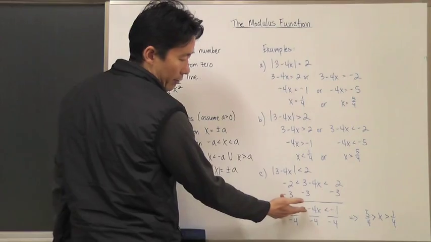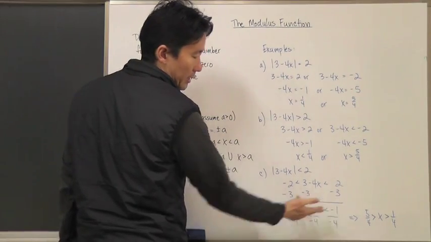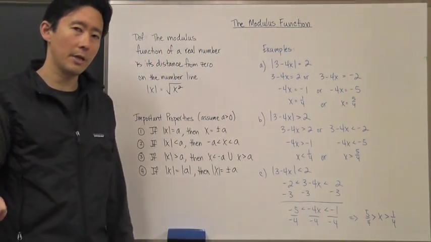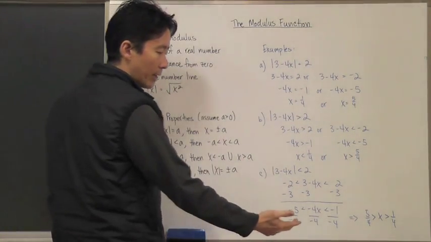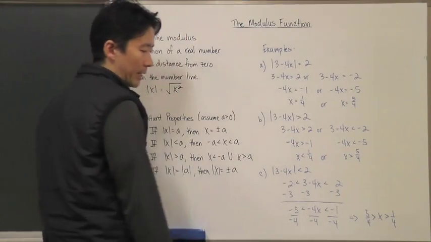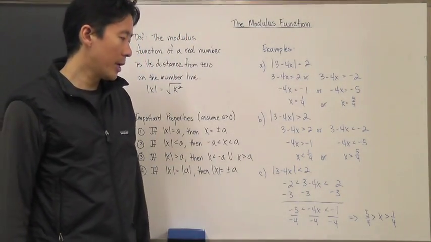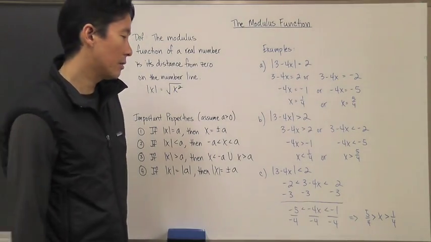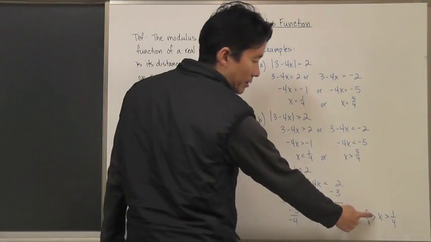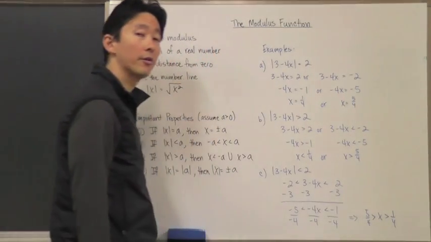After that, we come up with negative 5 is less than negative 4x is less than negative 1. Again we do the same thing to all 3 parts and divide by negative 4. Remember, because we've divided by a negative number, we have to switch the inequality signs so that it says 5/4 is greater than x is greater than 1/4.